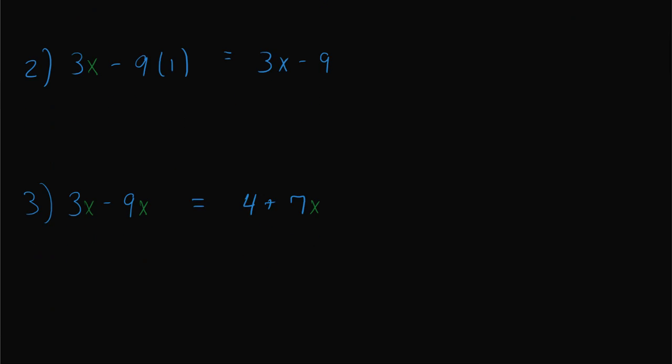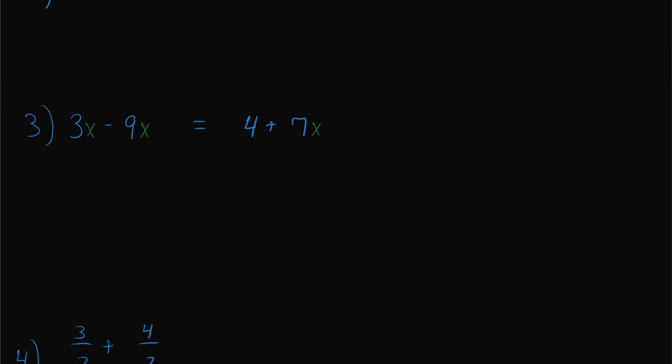Alright, let's scroll down. 3x minus 9x equals 4 plus 7x. Okay, and here we have an equation. We just have two things on opposite sides of an equal sign. And we're not going to solve it, but I did want to include one of these because this is a very useful thing to do when you start solving equations in algebra.